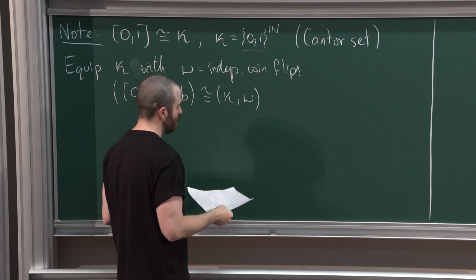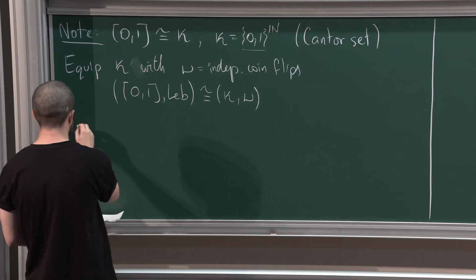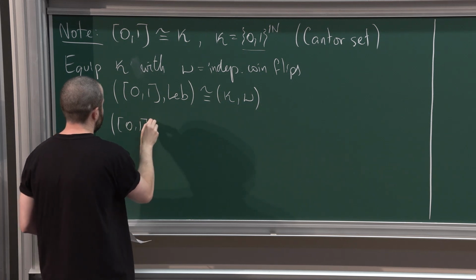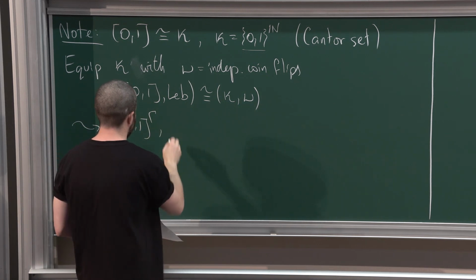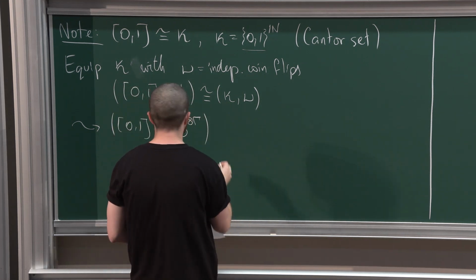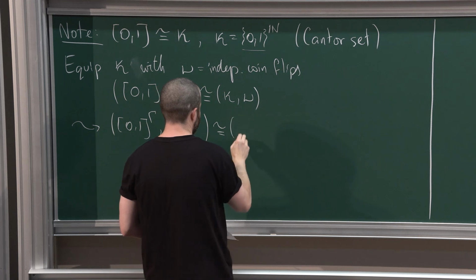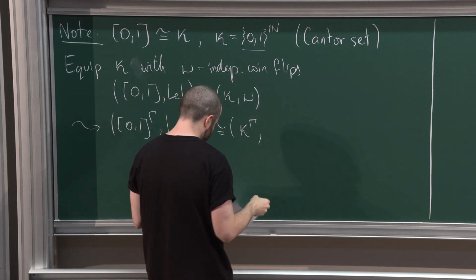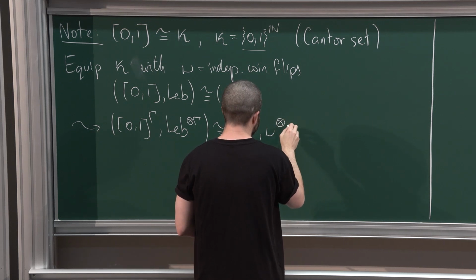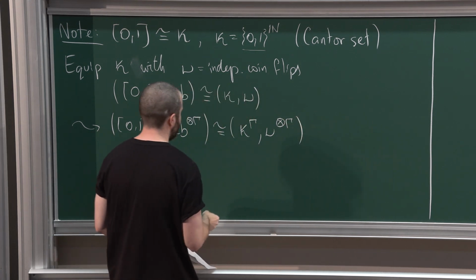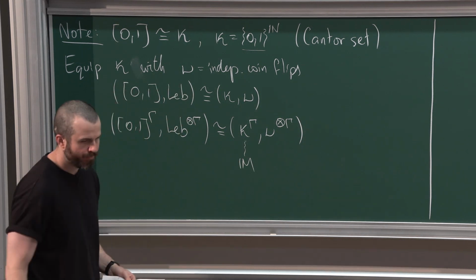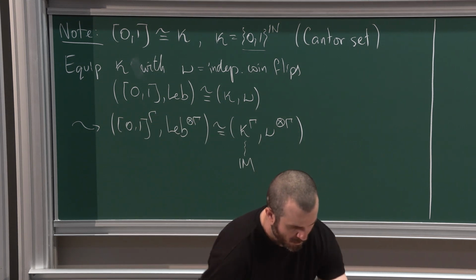And this also, in turn, induces an isomorphism of the Bernoulli shift action, where I'm just changing what's going on in each coordinate. Okay. So this thing is what I'll probably start denoting by blackboard M. Okay.